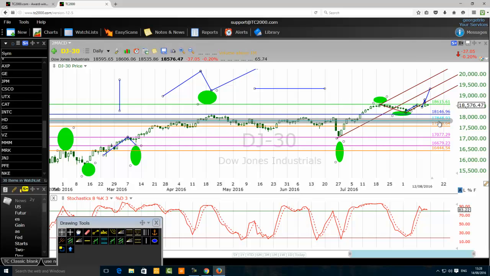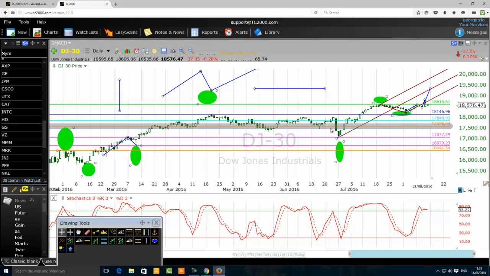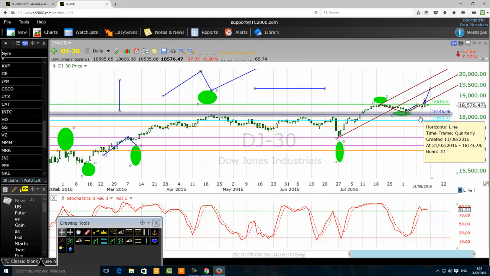All I want you to understand in this tutorial is that there are 2 money key levels in 2016 for the Dow Jones Index, and the first money key level is at 16679. The latest money key level for the Dow Jones is at 17077. You do not want to forget those key levels. Apart from the money key levels, which are the long-term equilibrium price level for the Dow Jones, we also have the short-term equilibrium price level.